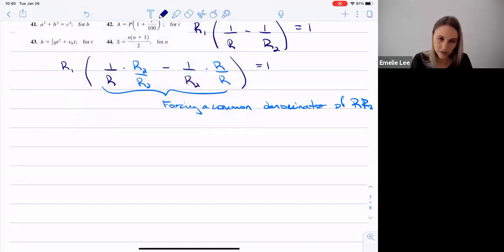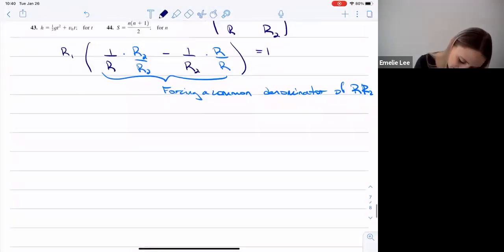So you can't do that, but just treat them as their own things. Okay, so this trick of forcing the common denominator, we're going to use so much, right? So if it's still kind of murky, then go back and look at those fractions in section 1.1 and make sure that you have those under control.